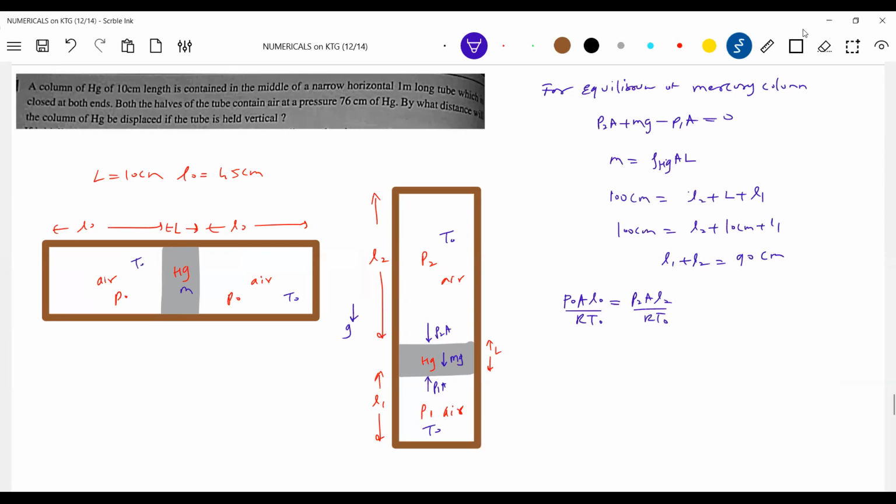So we can write P naught L naught equals P2 L2. Similarly, P naught A L naught R T naught equals P1 A L1 R T naught.